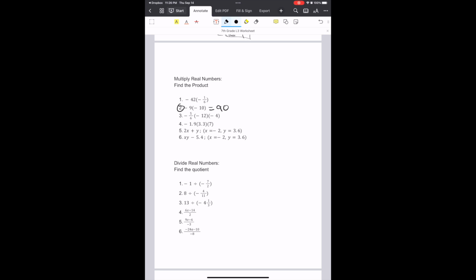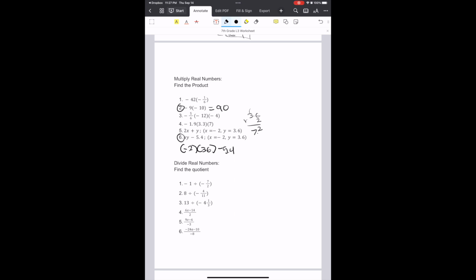And then let's do number 6. xy minus 5.4, where x is equal to negative 2 and y is equal to 3.6. So x is equal to negative 2, y is equal to 3.6, and minus 5.4. So negative 2 times 3.6 is equal to, well, let's do it. 3.6 times 2. 6 times 2 is 12. 3 times 2 is 6, plus 1 is 7.